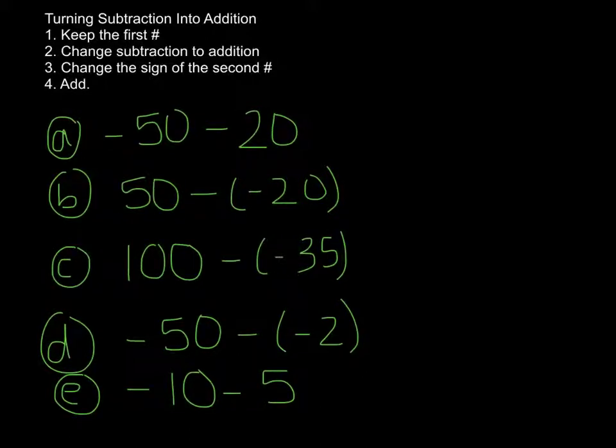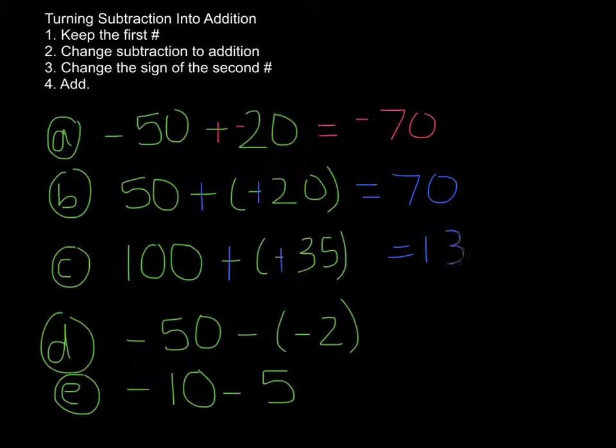Negative 50 minus 20 becomes negative 50 plus negative 20, and I know that is negative 70. 50 minus negative 20 becomes 50 plus the opposite, so 50 plus 20, and that's positive 70. 100 minus negative 35 is the same as 100 plus positive 35, so we get 135.